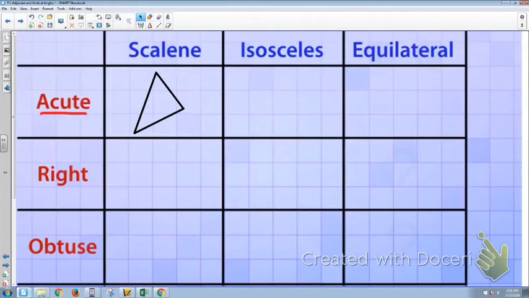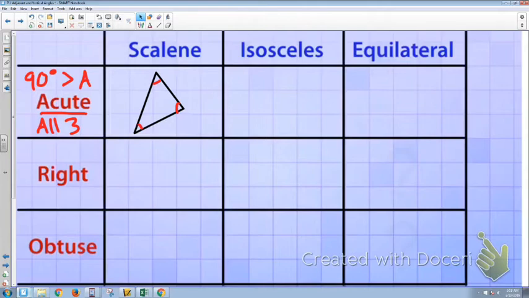Now, when I say an acute angle, I want you to think, okay, that's something that's smaller than 90 degrees. This angle is smaller than 90 degrees. And acute triangles are special kinds of triangles that have all three angles acute, meaning all 3 of them are less than 90 degrees. So we call this an acute triangle.